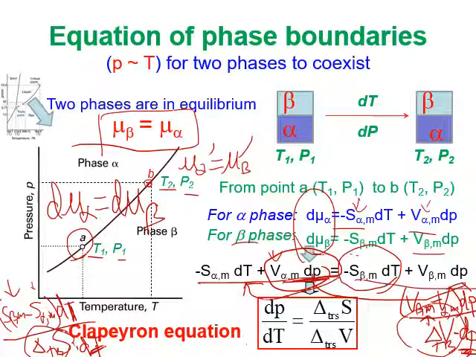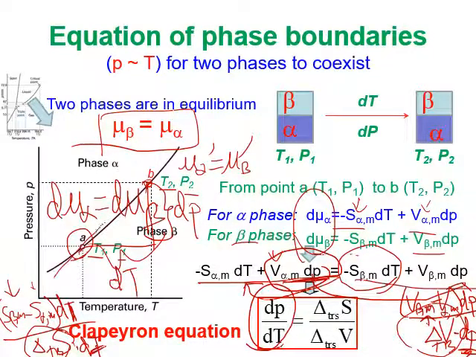The left side is dP divided by dT on the curve, the pressure change divided by the temperature change, and that's the slope. This tells us the slope of this phase boundary equals the phase transition entropy change from alpha to beta, divided by the phase transition volume change from alpha to beta.